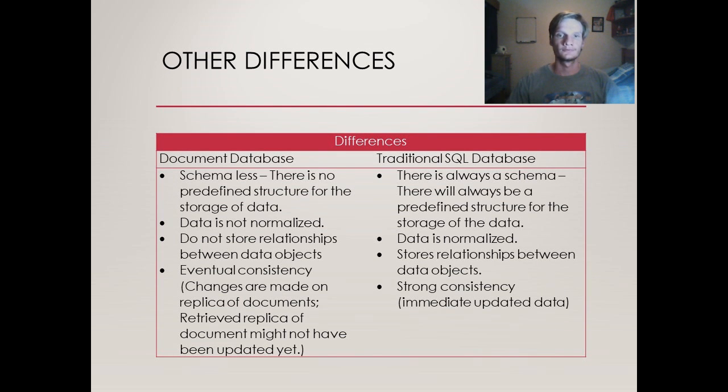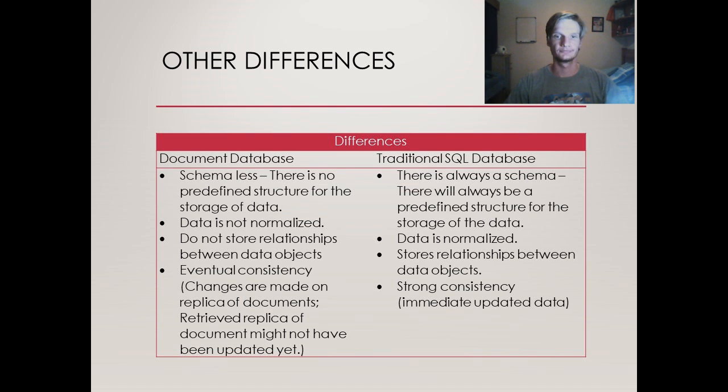Other differences between a document database and a traditional SQL database: a document database is schemaless, whereas a traditional SQL database will always have a schema. The data in a document database isn't normalized, whereas the data in a traditional SQL database normally is normalized.